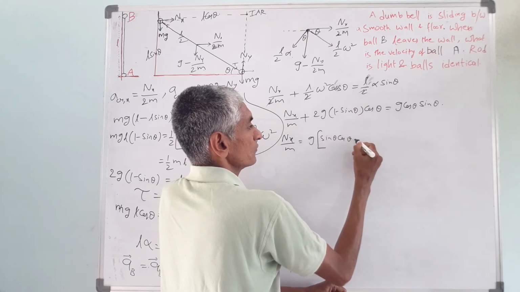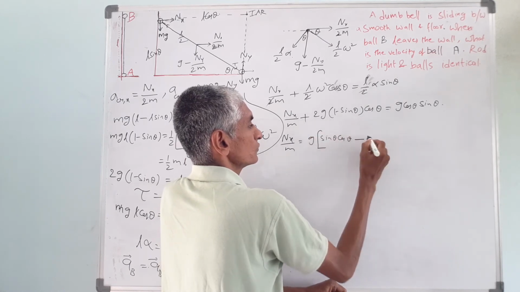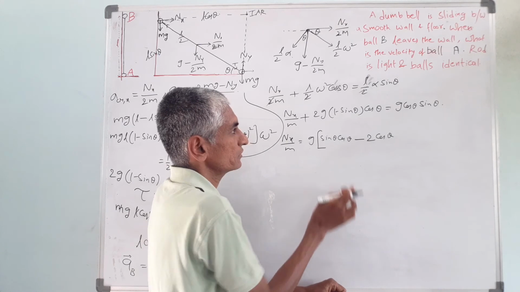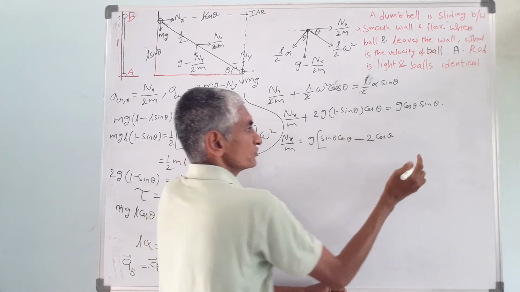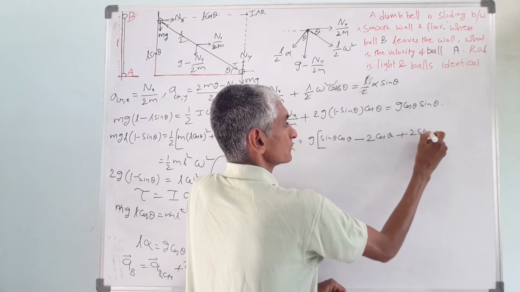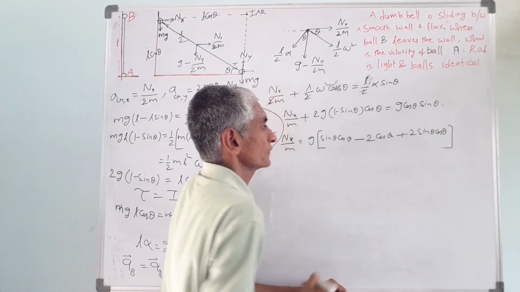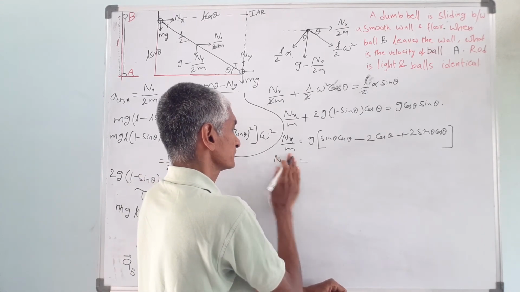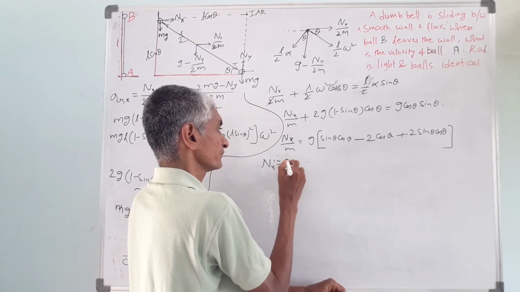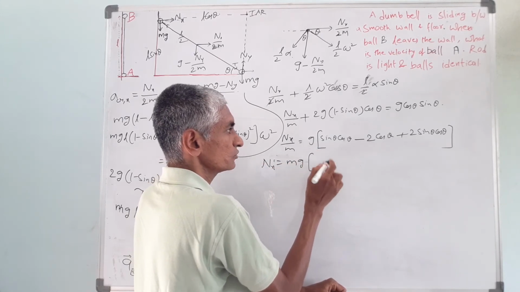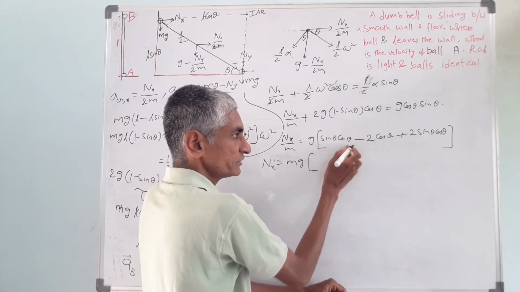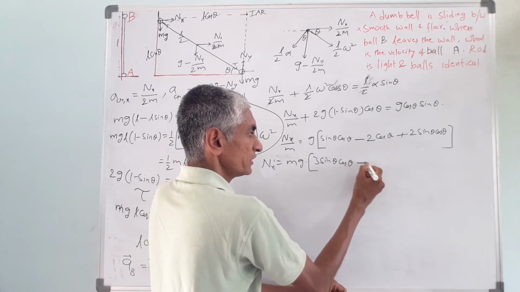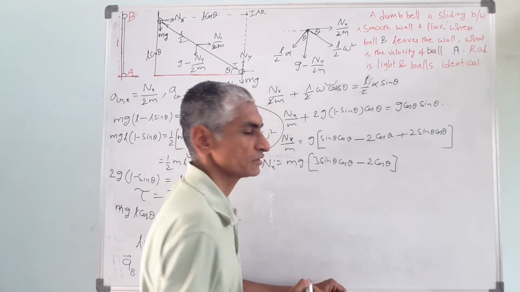Take this side minus 2 cos theta, and minus 2 sin theta cos theta goes that side, plus 2. So finally the expression for Nx is mg into 2 sin theta cos theta plus sin theta cos theta, that is 3 sin theta cos theta minus 2 cos theta.